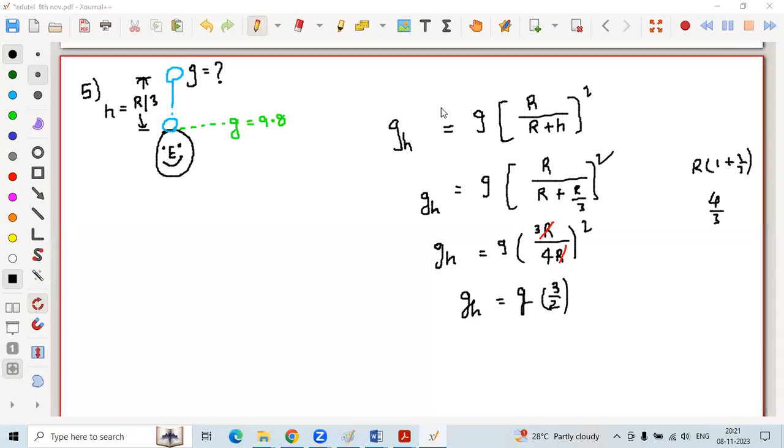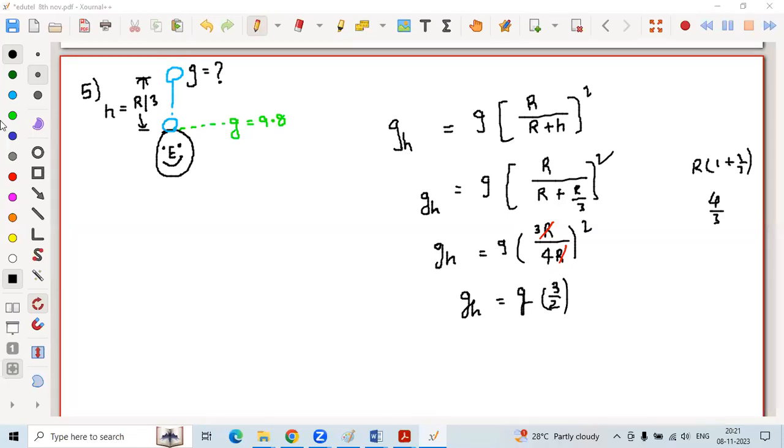Sir, 9 by 16 is the answer. Okay. Very good. G value took 9.8, right? By squaring, it should be 9 by 16.